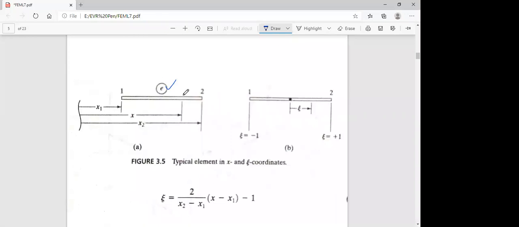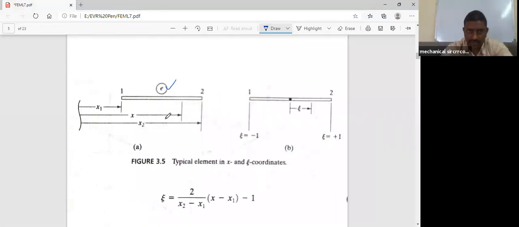This is in the Cartesian coordinate system. From the origin, node 1 is located at x1 and node 2 is located at x2. This point is an arbitrary point on the element, and its location from the origin is at distance x.